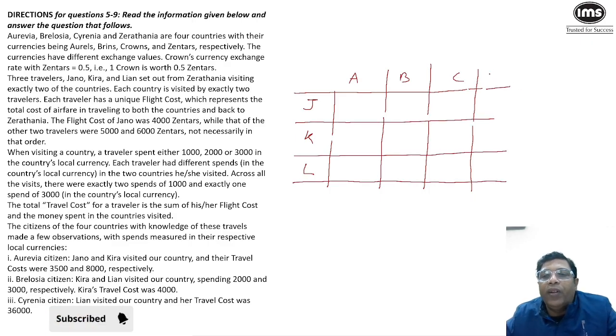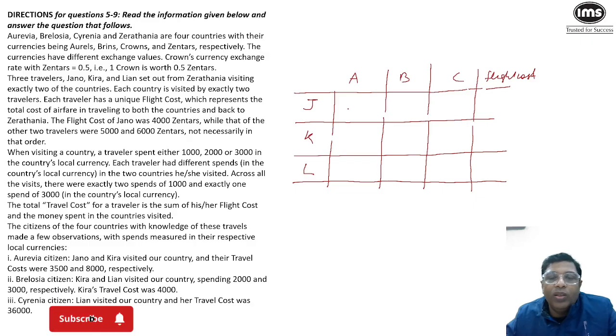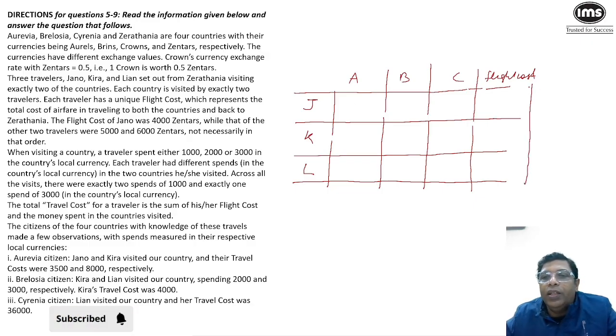Here I can write flight cost. Then I'll write the local spend, as well as the total cost, whatever is given to us. And at the end, I can write total cost as well.